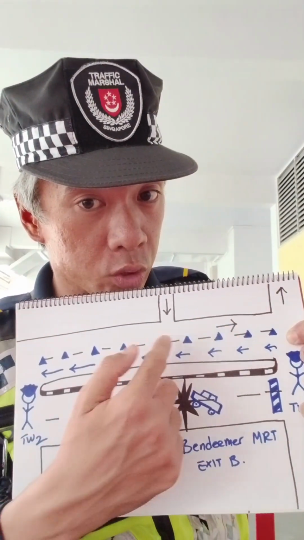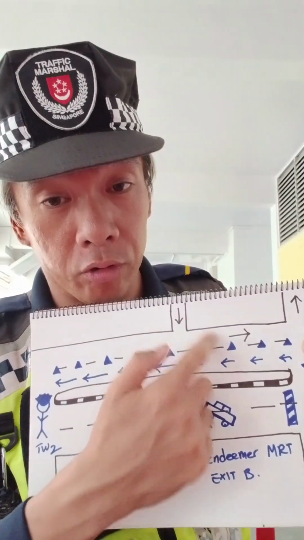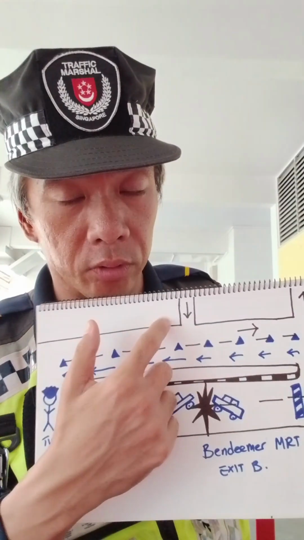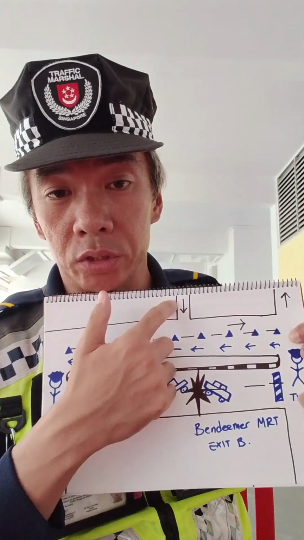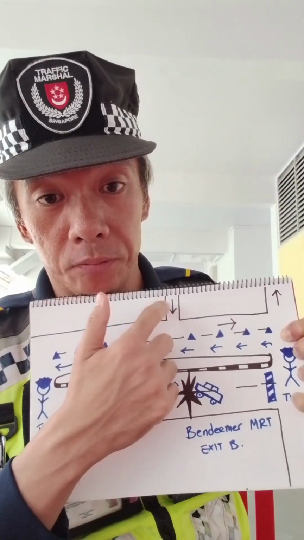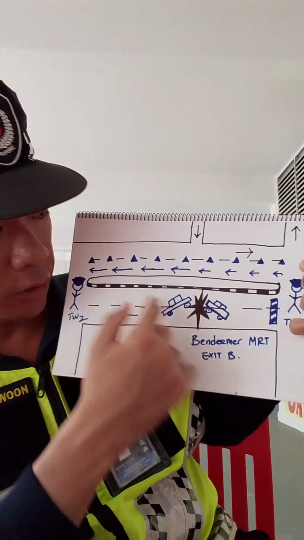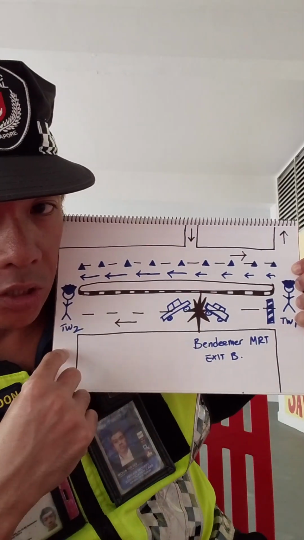So you want to stop here first, let out 3 or 4 vehicles at a time. After that, stop, let this side go. Clear. This is the role of TW3: to jaga the side road.